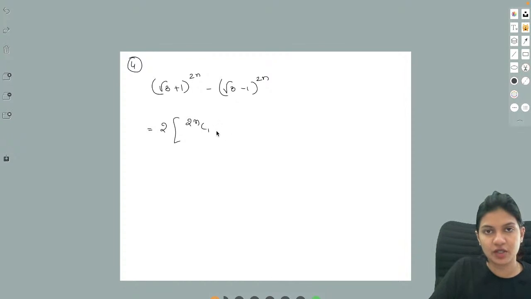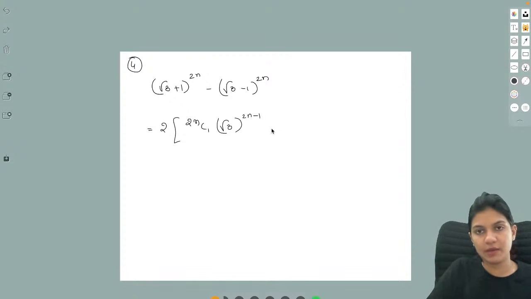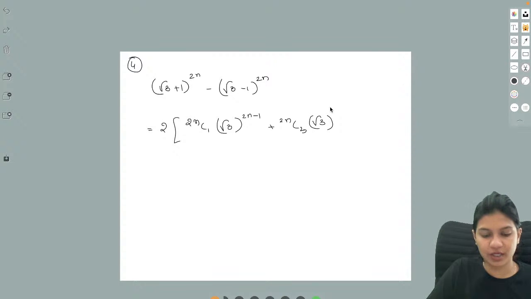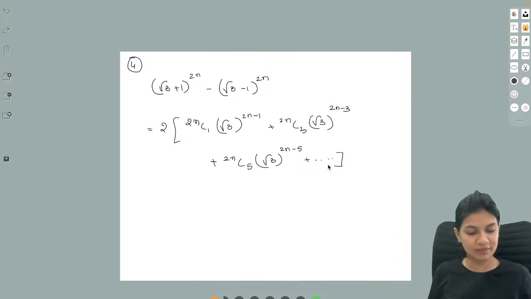2nc1 into root 3 to the power 2n minus 1, plus 2nc3 root 3 to the power 2n minus 3, plus 2nc5 root 3 to the power 2n minus 5 plus etc. So what will it be?